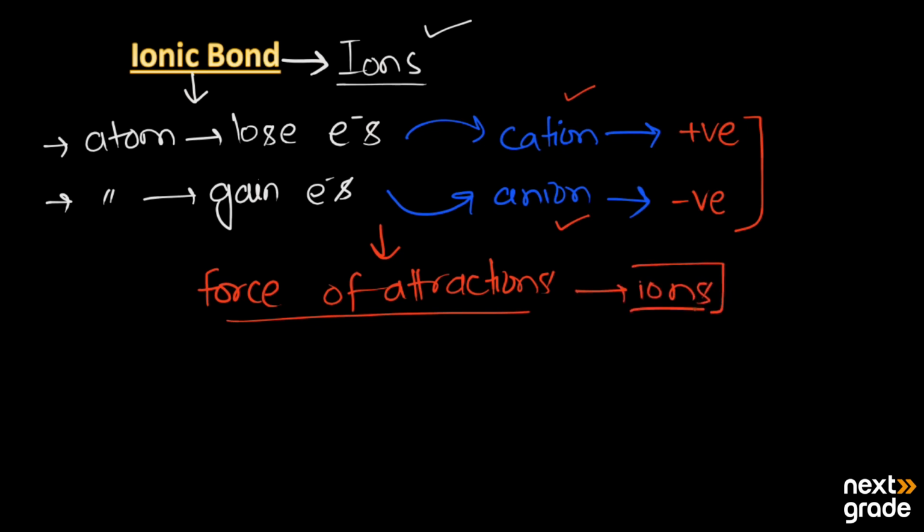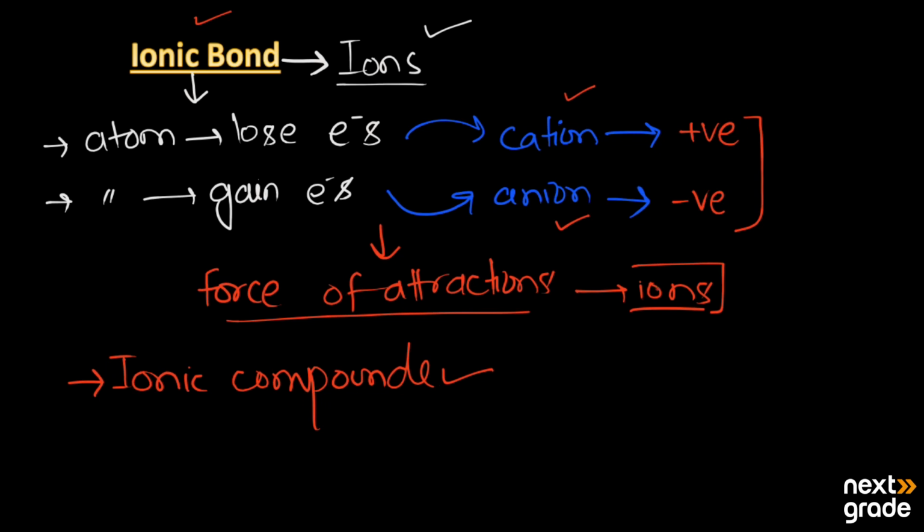That electrostatic force of attraction between ions is known as the ionic bond. The compounds that are formed as a result of the ionic bond are known as ionic compounds.